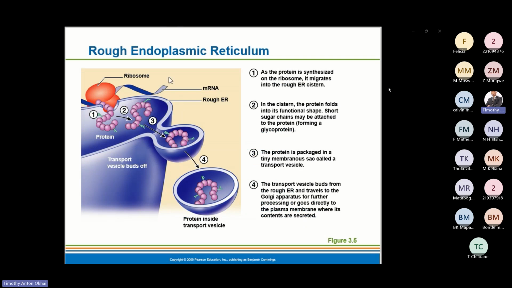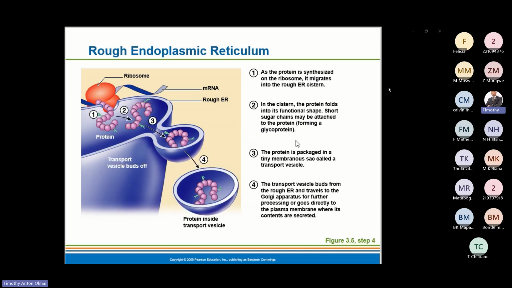So here we have the rough endoplasmic reticulum. This is our protein here. That's our messenger RNA and our rough endoplasmic reticulum. So these are proteins here that have been synthesized and they're carried through this transport vesicle, and you can see the protein inside the transport vesicle being transported, and you can see the stages involved in the synthesis of protein by the ribosome and how they are transported through these transport vesicles.